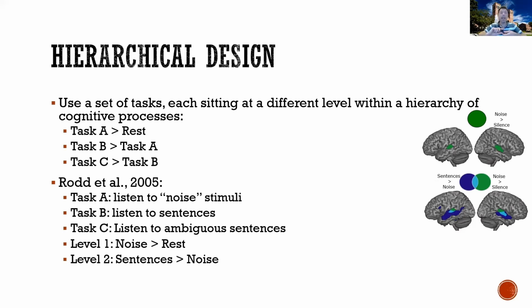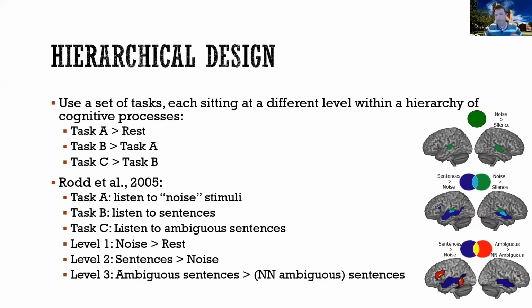And finally, you might say, okay, but let's take one more step. What is special about listening to ambiguous sentences compared to non-ambiguous sentences? It turns out there's some part of the brain here portrayed in red that is important for resolving semantic ambiguity. So the beauty of this design is that you can build one step on top of the other, your subtractions. Here's what listening to noises is compared to nothing.